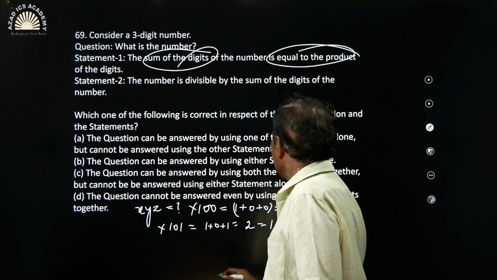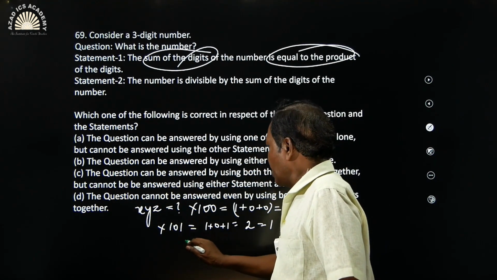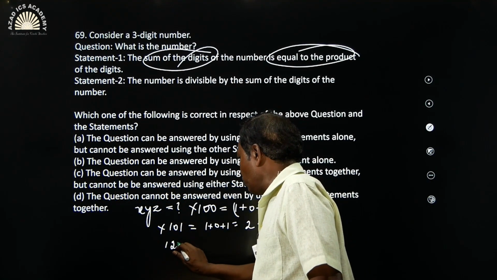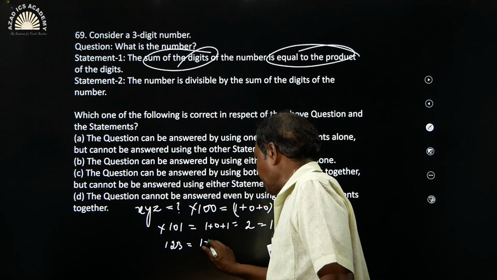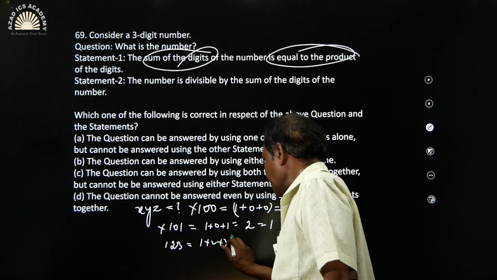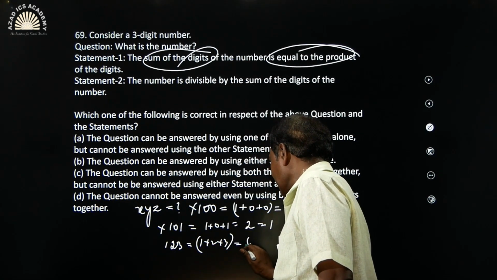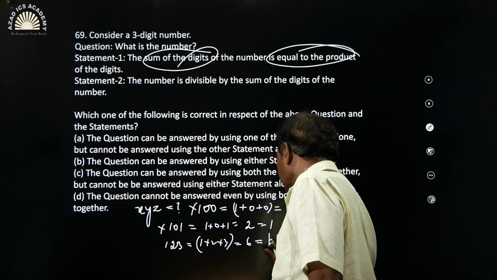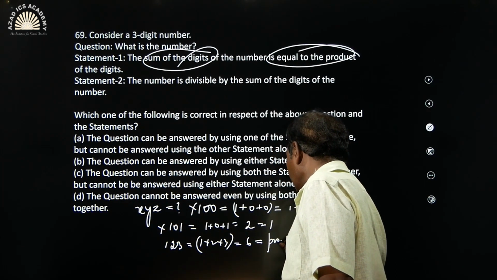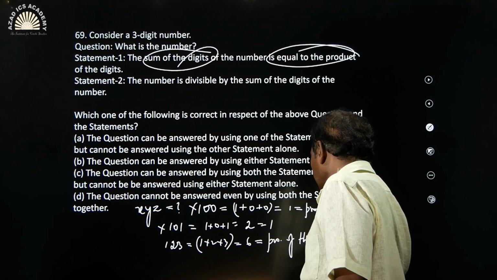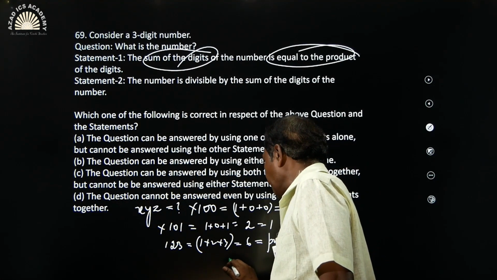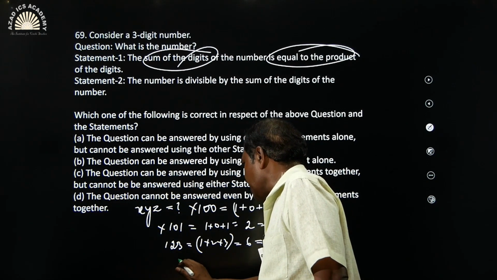Now the only number we can take here is 1, 2, 3. Only this number is possible. 1 plus 2 plus 3 is 6, and equal to the product of the digits. See here, the sum of the digits is equal to the product of the digits.